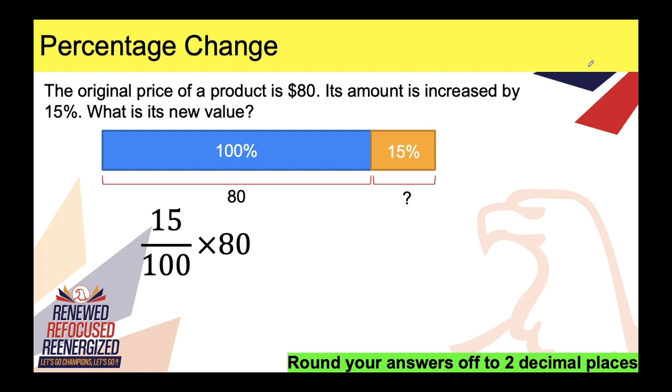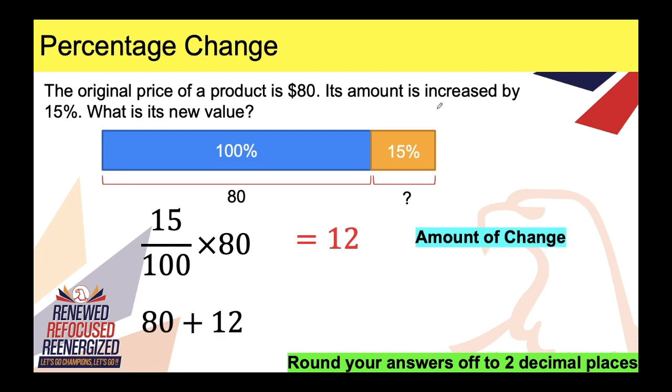Therefore, we get 15% of 80, and that is 12. Now, for my question a while ago, obviously it's increased. So this is a percentage increase. So we have to add, this is the amount of change, 80 plus 12. Therefore, this is now the new amount. So after increasing it by 15%, we say that the product would be sold at $92.